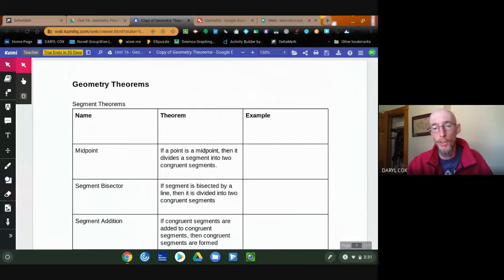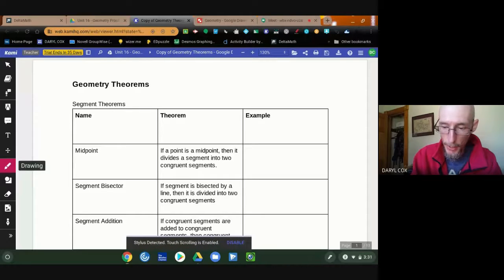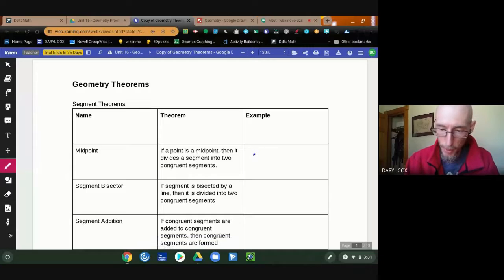So let's look at one together. Midpoint. You're going to create an example of midpoint. If a point is a midpoint, then it divides a segment into two congruent segments. So to draw an example of that, I would say, okay, let me draw a segment. There's a point A, B, C, and you know what?